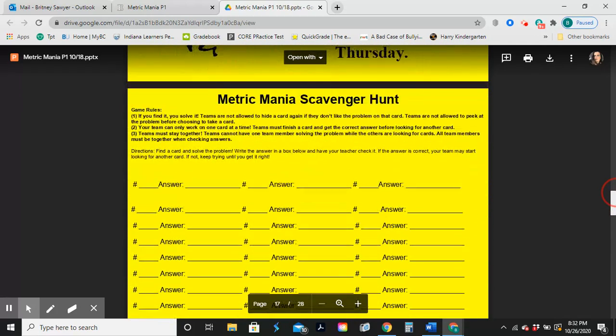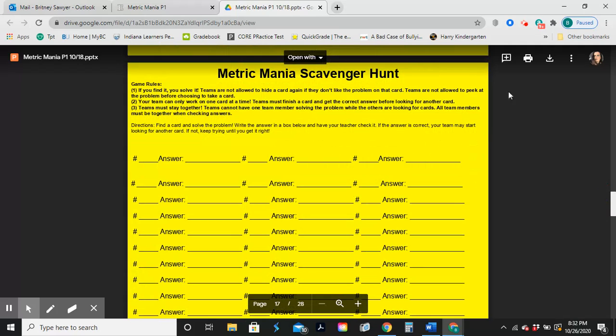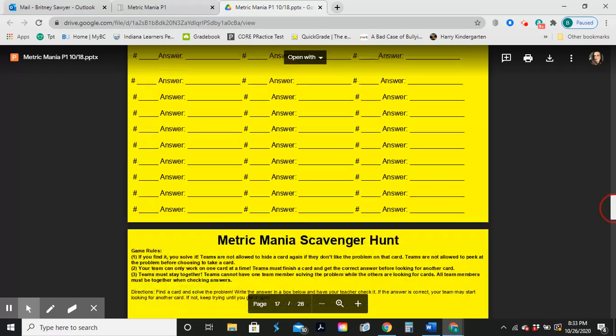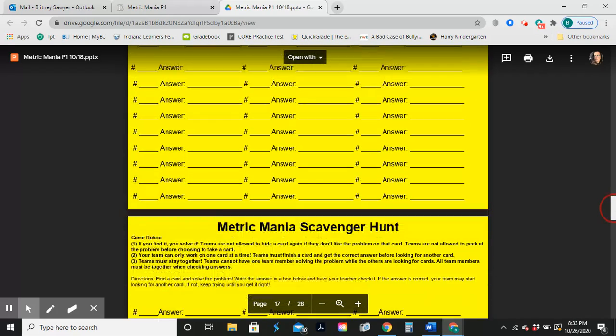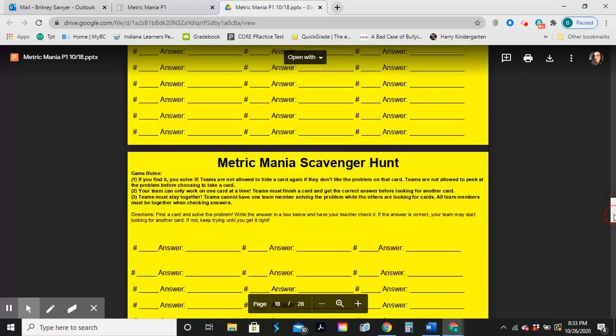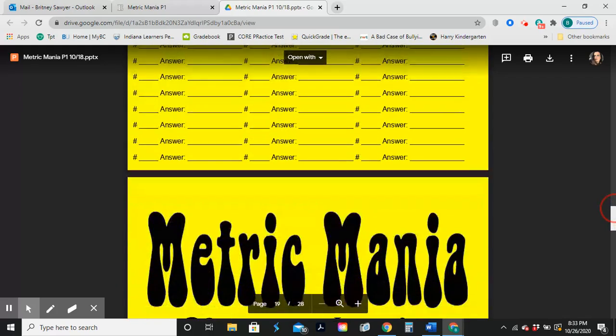Now, your scavenger hunt, we are going to be doing this in class together in an in-class lab. We will be trying to work as many problems as we can, at least 20 problems at the very least. I want you to get at least 20 problems done in class, practicing your conversions. This is what these are for, and we'll get into more detail on that shortly.